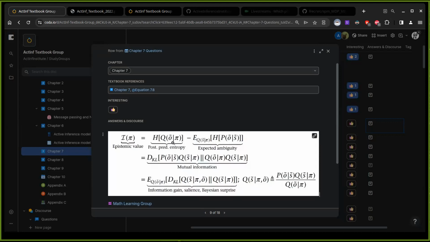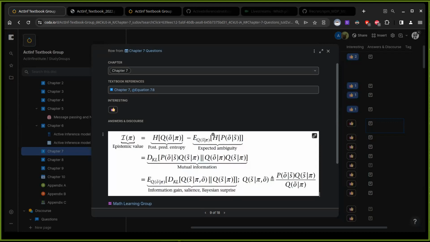So if we're getting like a broad spectrum of observations from policy, that would have higher epistemic value. Whereas if you know that every time you open this book, it's like this, it's going to give you the same 100 time steps, the same data, then it's not as informative.